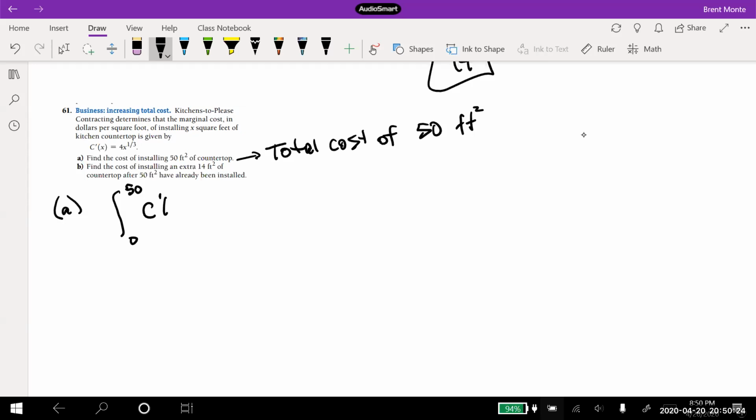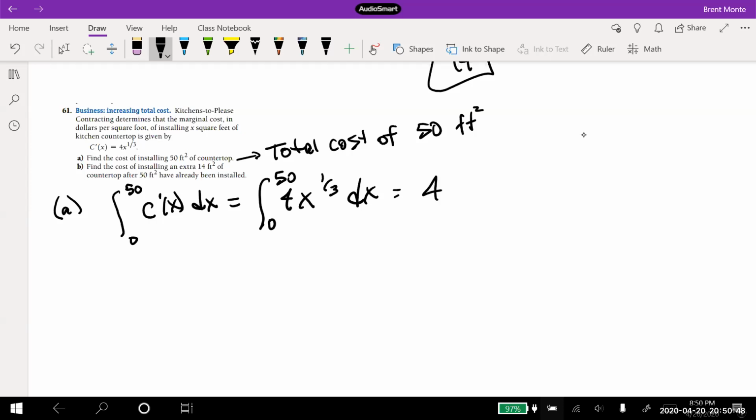We'll say C prime of x dx, and then we'll plug it in. So it's the integral from 0 to 50 of 4x to the 1/3 dx. If I find the area under the curve of marginal cost between those two x values, I'm going to get my total cost. All right, well, let's do it.